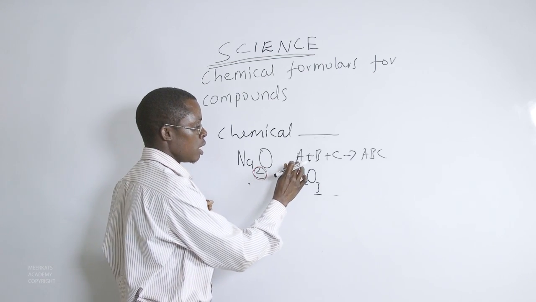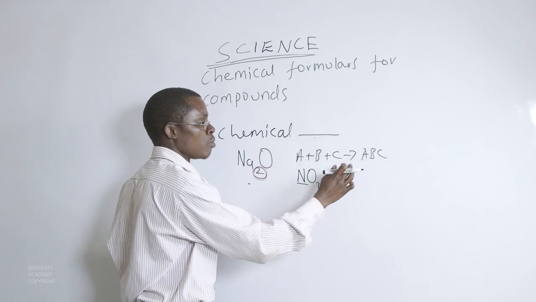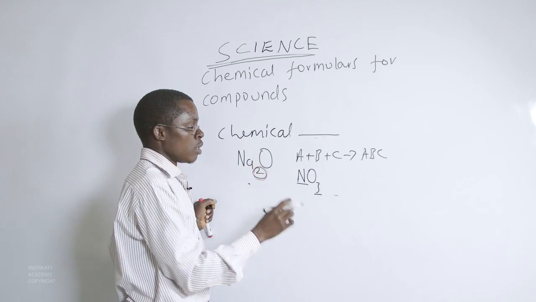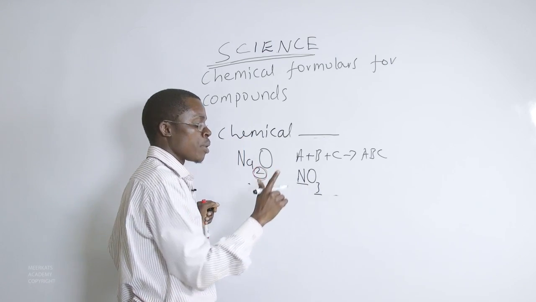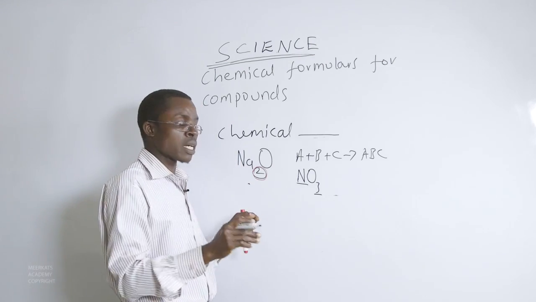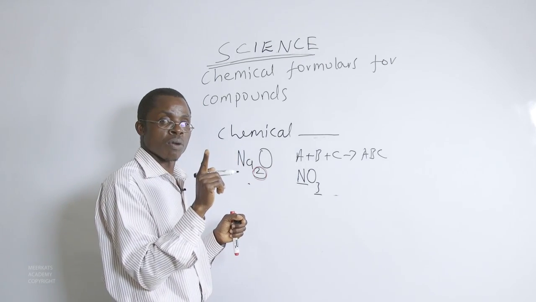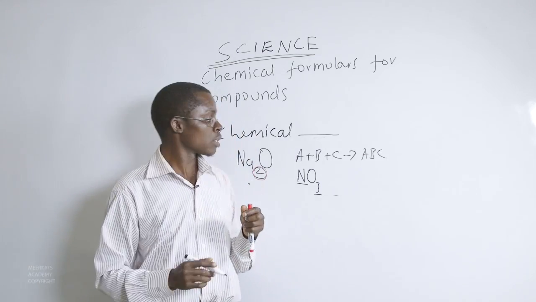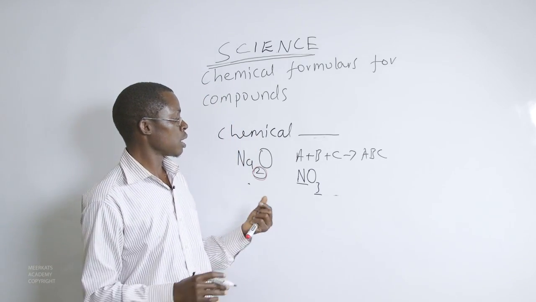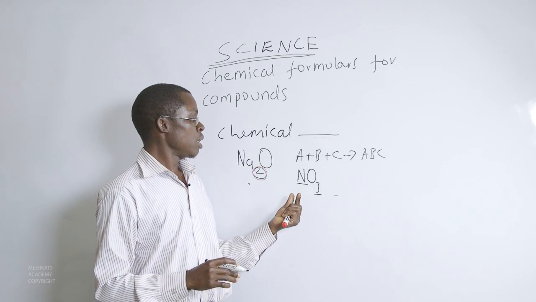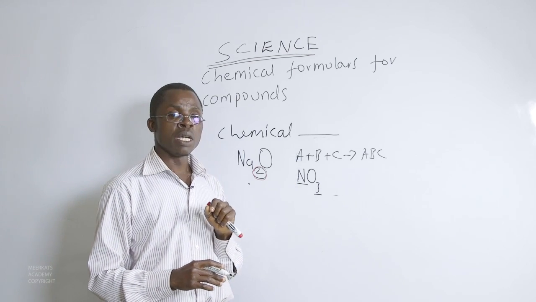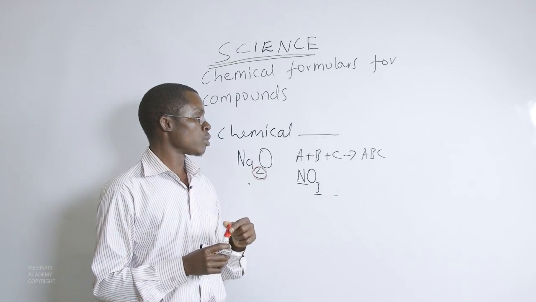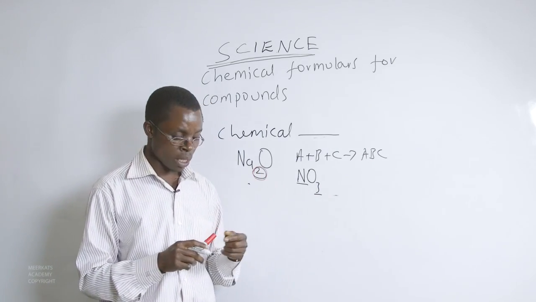Just like A, B, C coming together to form ABC as a single unit, these together operate as a single unit whenever they react as one. The ABC here, as a group of atoms acting as one, are called radicals.